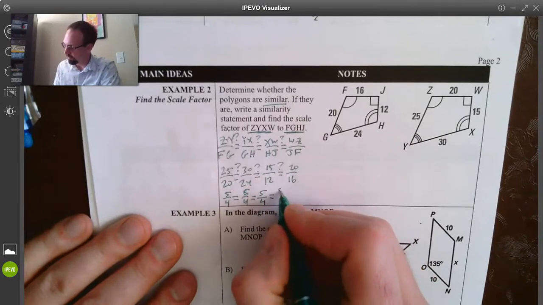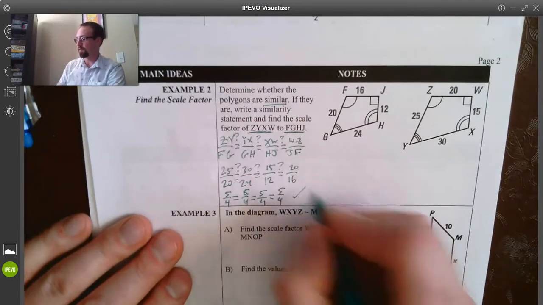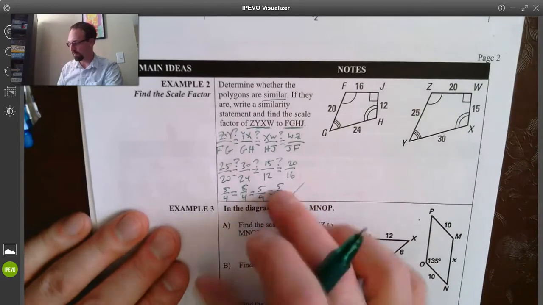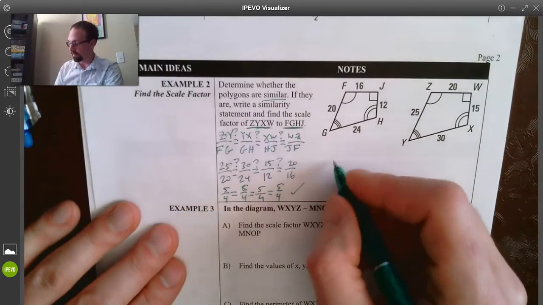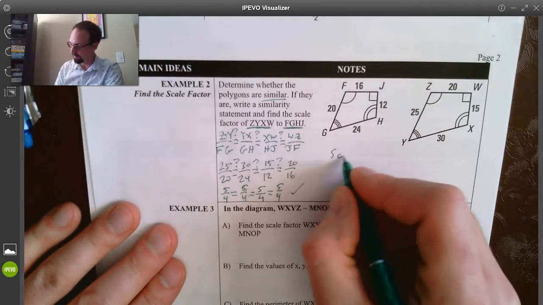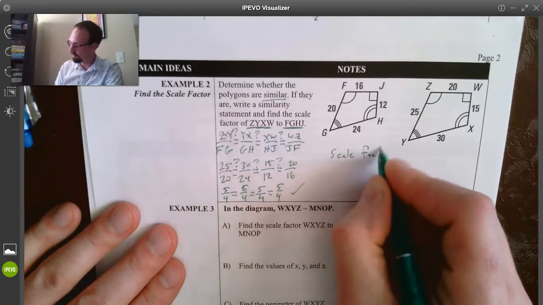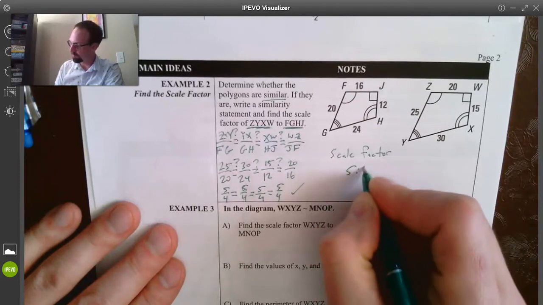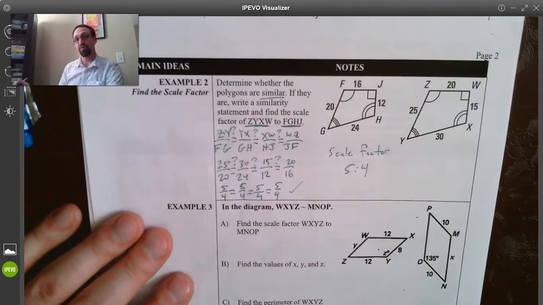And then 4 goes into both of those, 5/4. Okay, so it does check, these are similar. And so then the scale factor is 5 to 4. Again, make sure that you have the order correct.